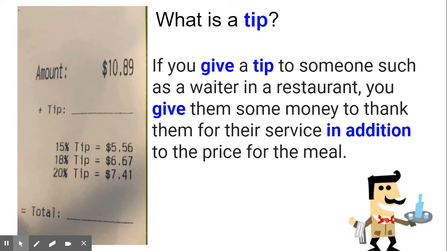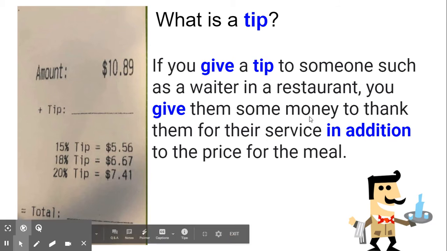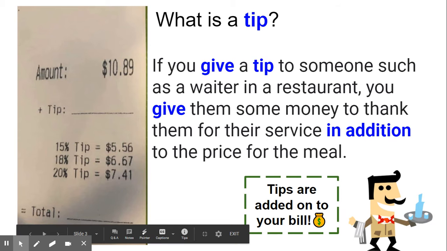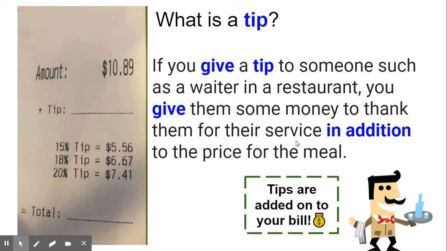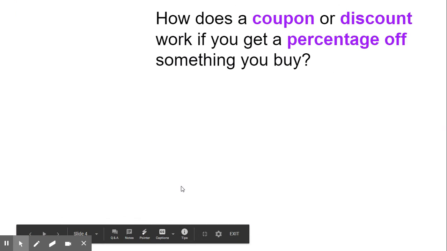Some of you might even tip your hairdresser, somebody that cuts your hair, or maybe give a tip to somebody who drives you to the airport if you were going on a trip. So just remember again that tips are added onto your bill. Typically, tips range between 15 and 20% of your bill.